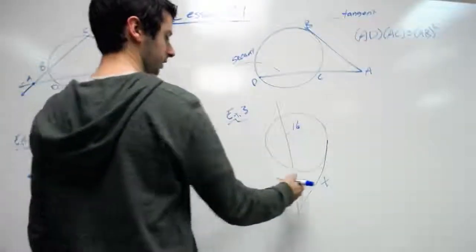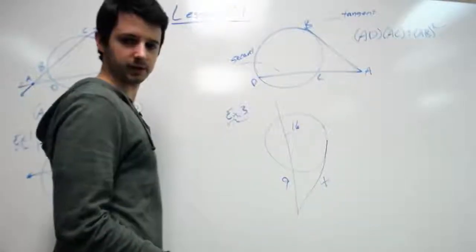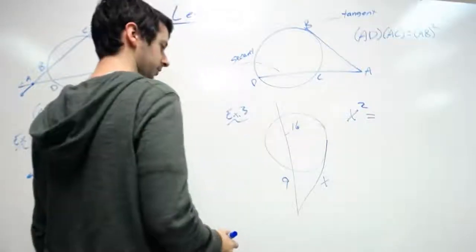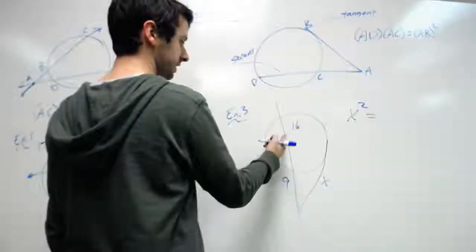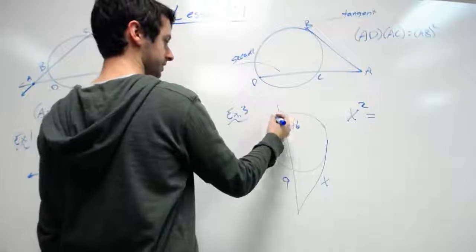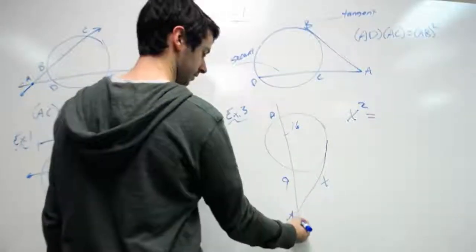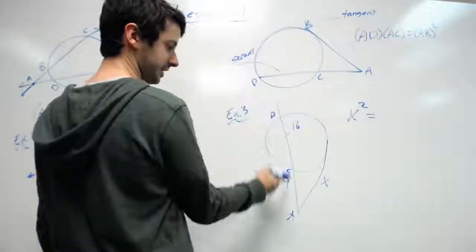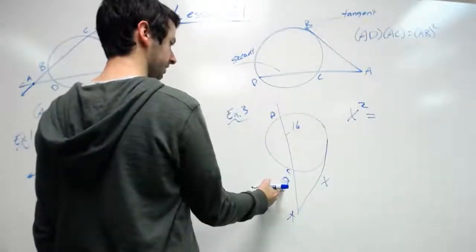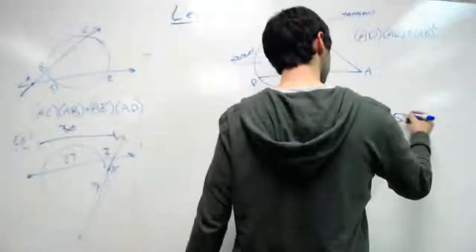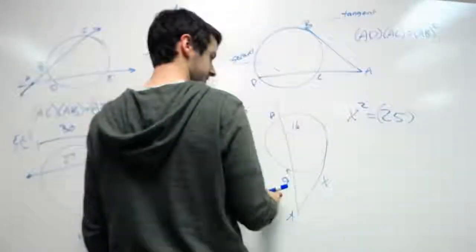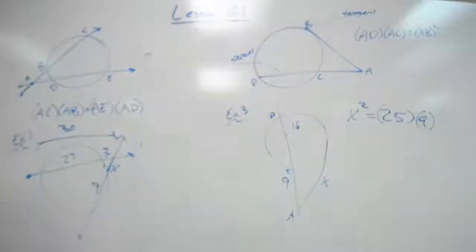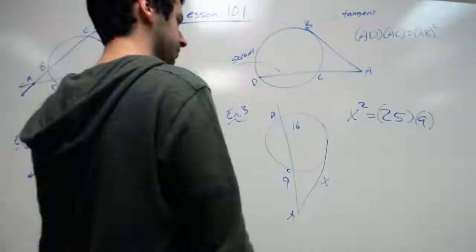So let's look at example 3. We already know that our tangent is going to be squared. So x squared equals, what is my secant? Consider this D, A, and then C. My secant is DA. DA is not 16. DA is 16 plus 9, so that would be 25, times the external, 9. 25 times 9 would be 225.